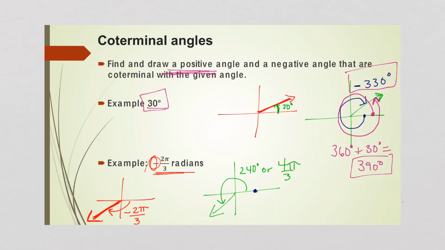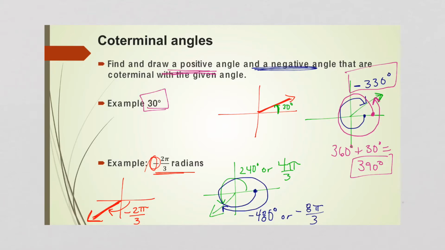The question asks me to give a positive and a negative, so this time I gotta go negative, go past, all the way around once, and here I am, and I end up at negative 480 degrees, which is also negative 8 pi over 3.